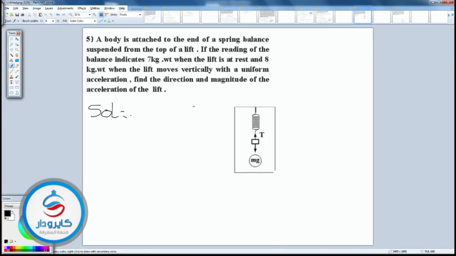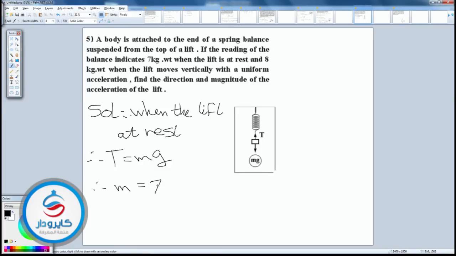From the figure, when the lift is at rest, therefore T equals mg, therefore m equals 7 kilogram, therefore T greater than mg.